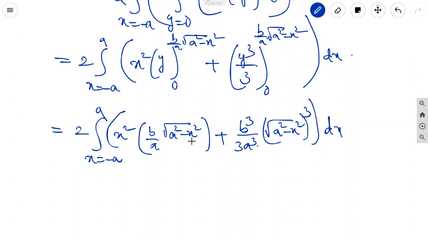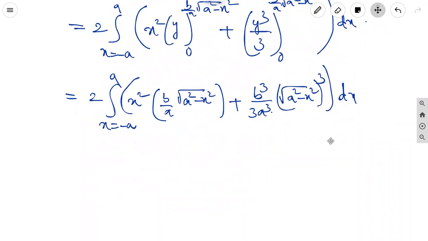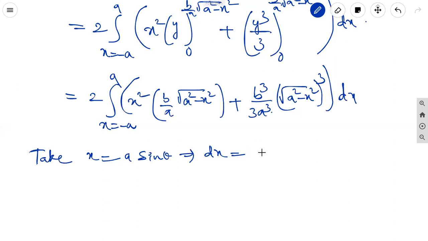Here, under root of a square minus x square is there, so we cannot integrate directly. Why? Because x square is there. In this case, take x equal to a sine theta, then dx equal to a cos theta d theta.